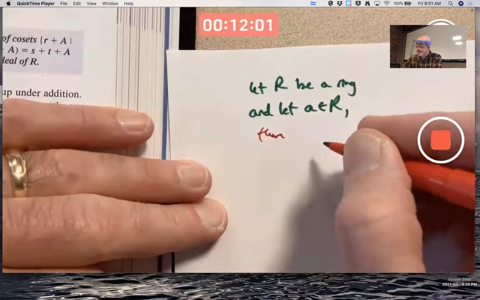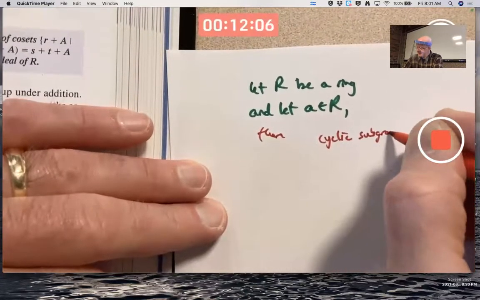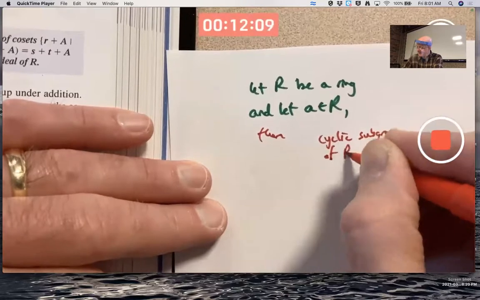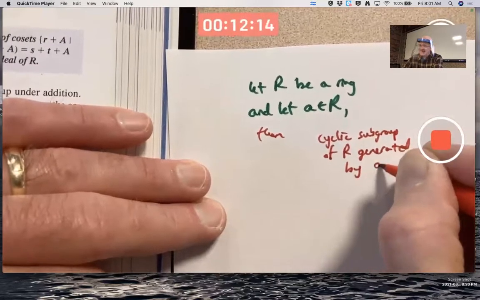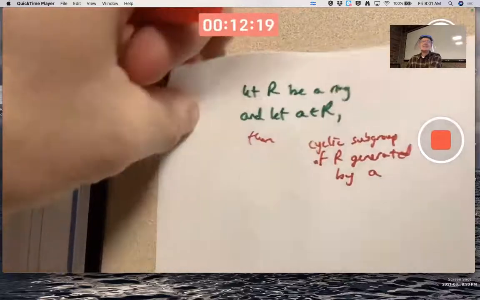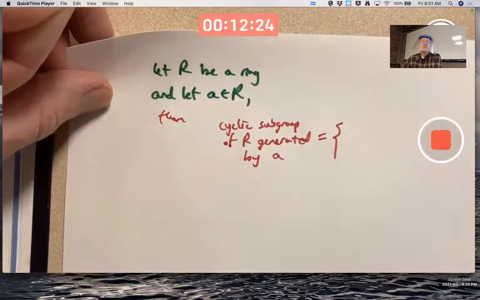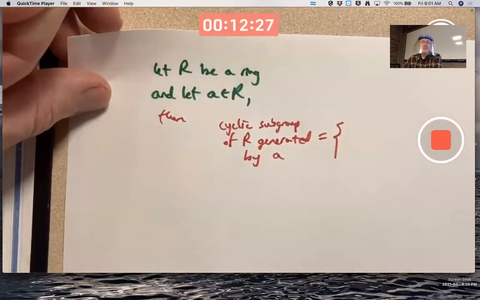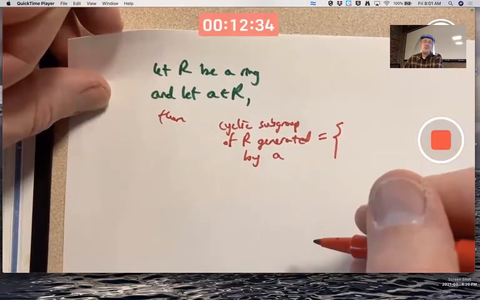Then the cyclic subgroup of R generated by A, I'm going to avoid the principal ideal notation because it means something different in ring theory, would be, since the group operation is addition, this would be not all possible powers of A, but all possible multiples of A, integer multiples.